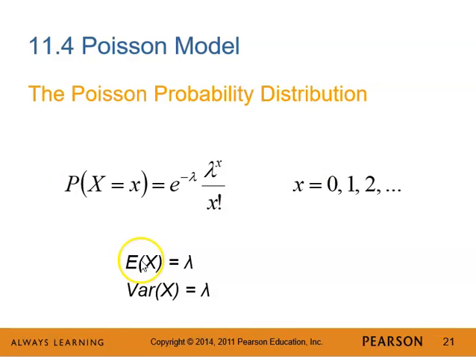And of course, the expected value, or average or mean, for the Poisson probability distribution is equal to lambda, and the variance is also equal to lambda.